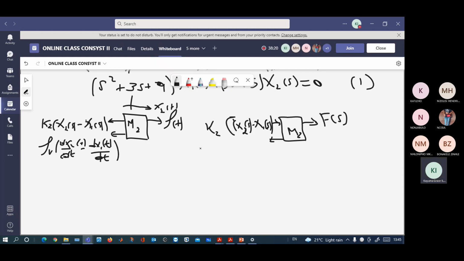For this second one, we're going to have also Fv S there, times X2 of S minus X1 S. This S, okay. And there is M2 down there. Okay. So we have our three forces.